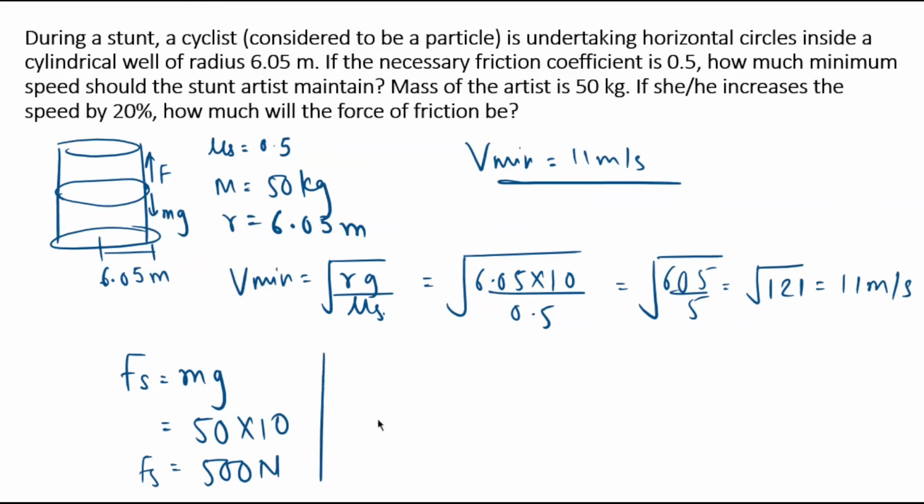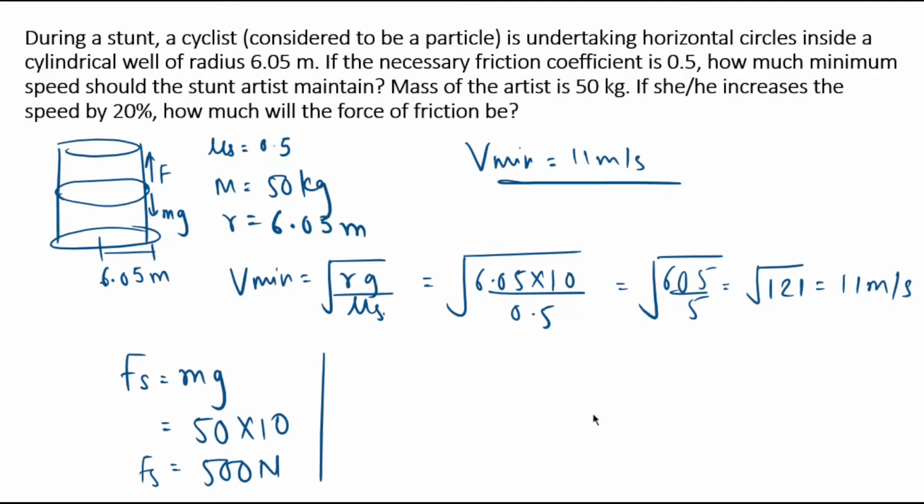Another question is what will happen if its speed is increased by 20%. So you know that after V minimum, no matter how much the speed has increased, the cyclist will perform his stunt horizontally. That is, we need to take care of one thing, to maintain the speed greater than V minimum.